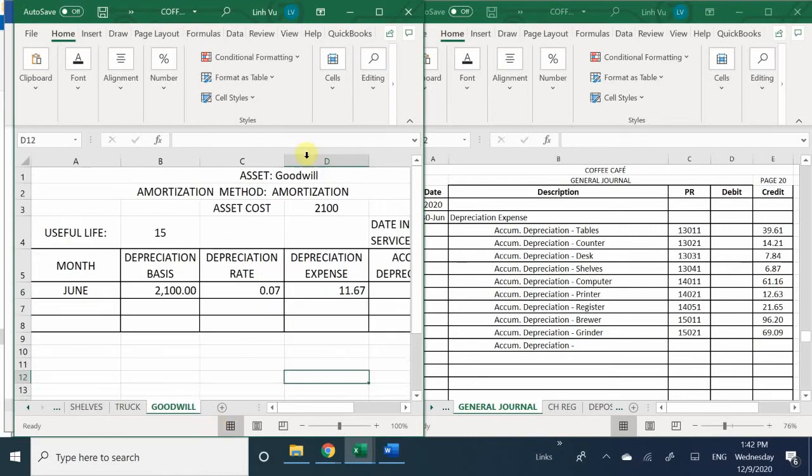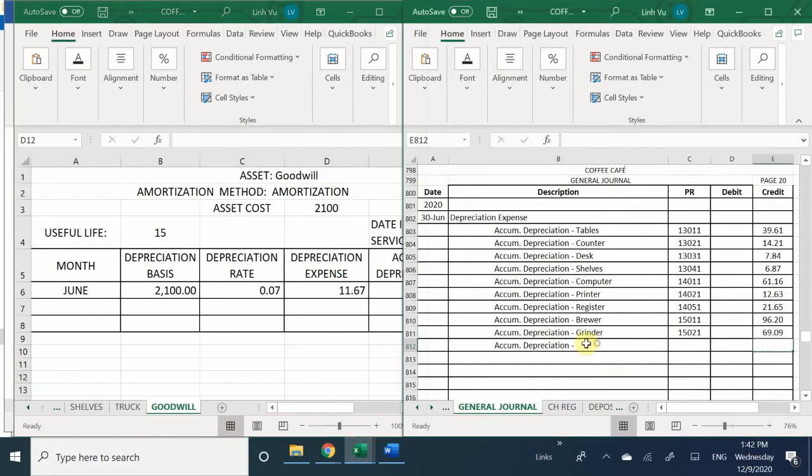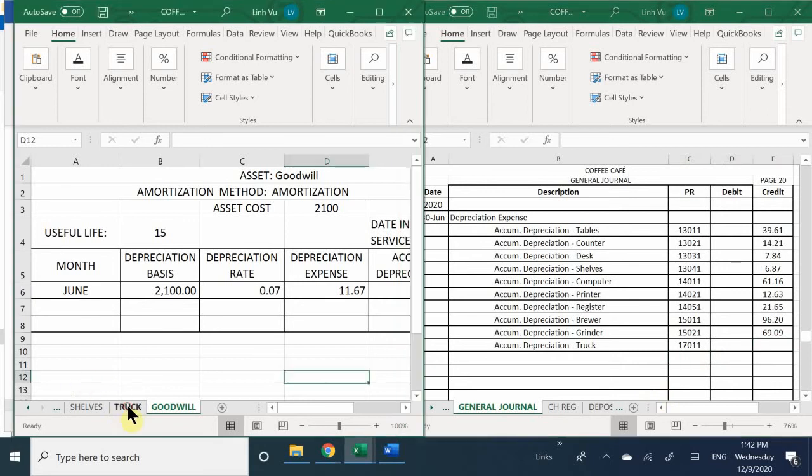Alright, so we only have one more left. The truck. Yes, the truck. And that account is 17,011. And for what amount am I going to depreciate the truck?